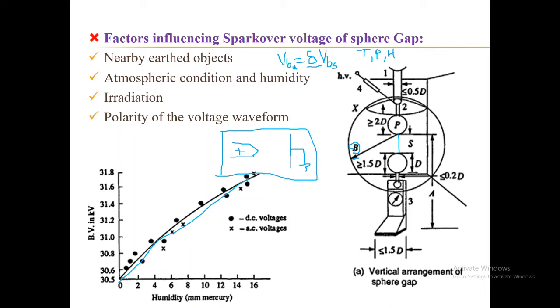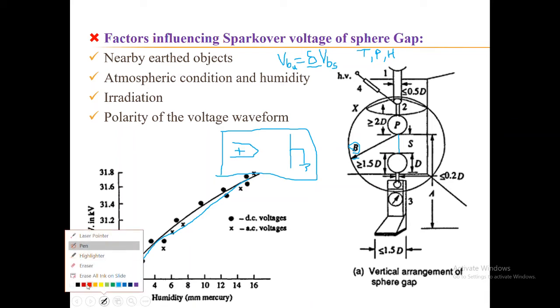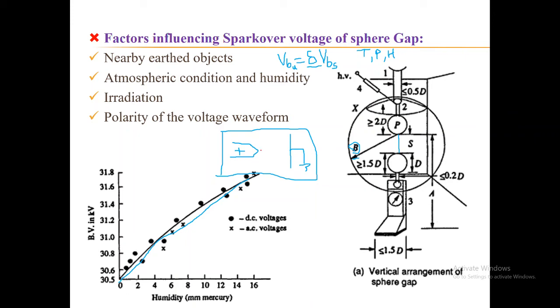So when I apply positive polarity of voltage, electrons are injected. Let me represent the electron by this red one. The electron is injected out from the surface of this positively stressed electrode. This electron gains kinetic energy and is accelerated towards the opposite side.